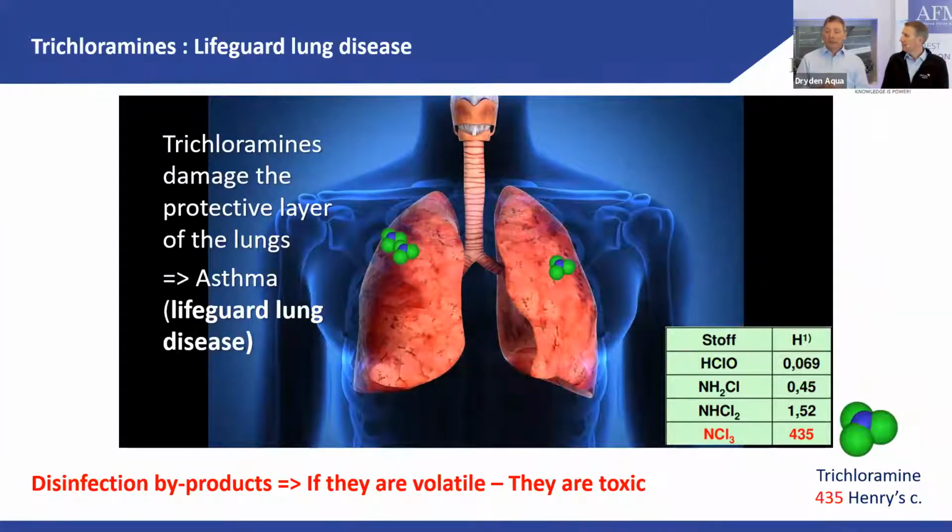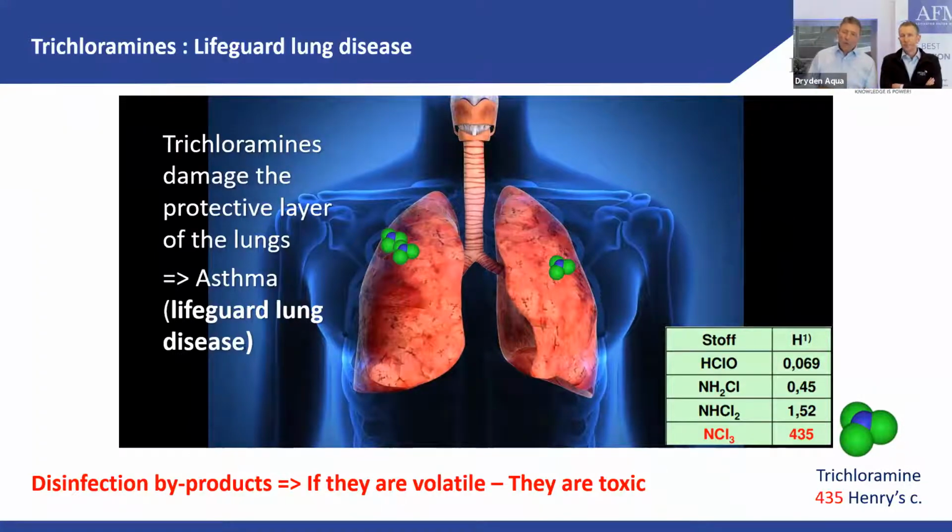Now, if you come into an indoor pool and you smell the chlorine, it's just the trichloramine. It's not the chlorine in the water. If you want to smell the chlorine in the water, which would be the free chlorine, hypochlorous acid, Henry constant below 0, it never goes out. You would have to put your nose into the water and breathe in, but that's not that comfortable. So it's really the trichloramine.